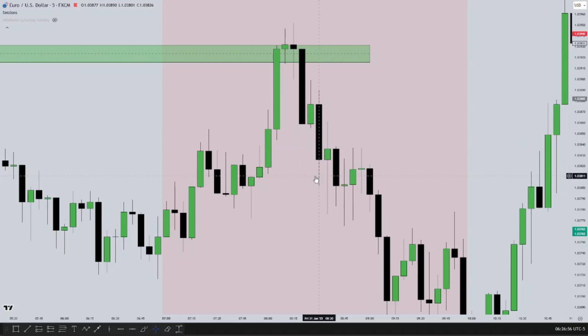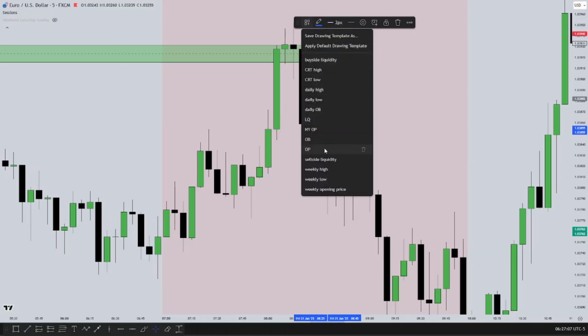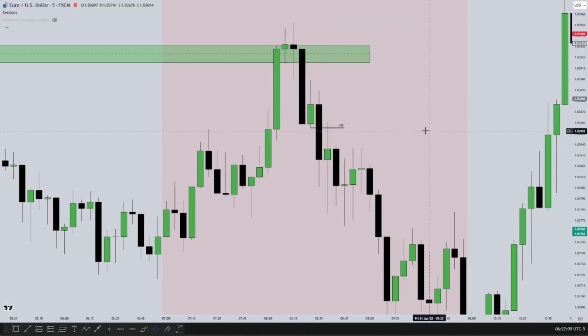There was no high impact news, so you can execute on this. Here's an order block. Take your entry at the order block. You can see this. Here is the shift in market structure, traded lower, retracement, order block.